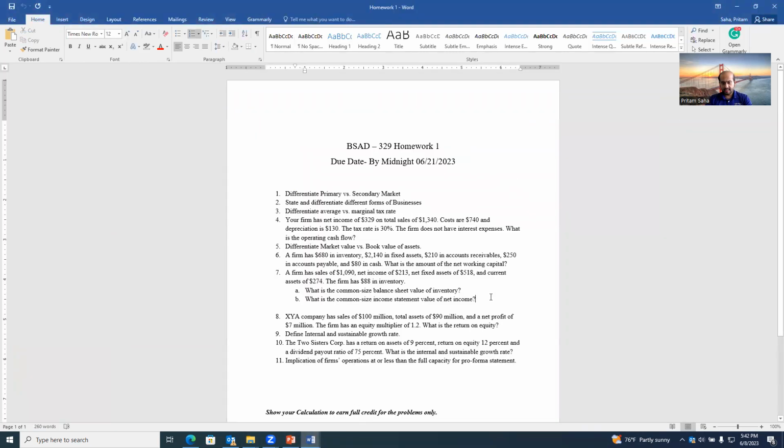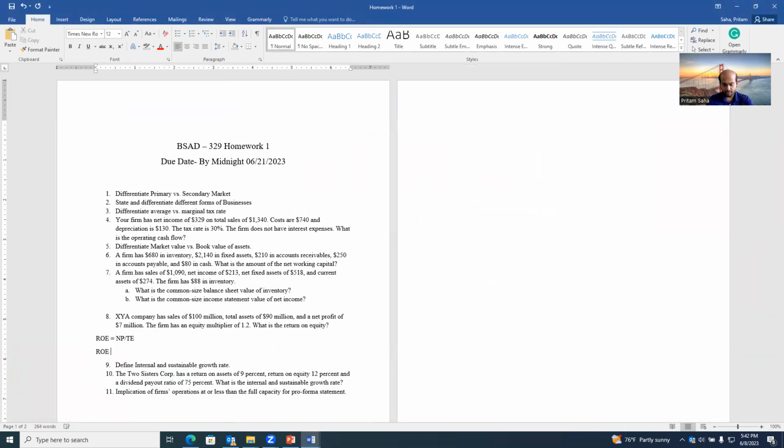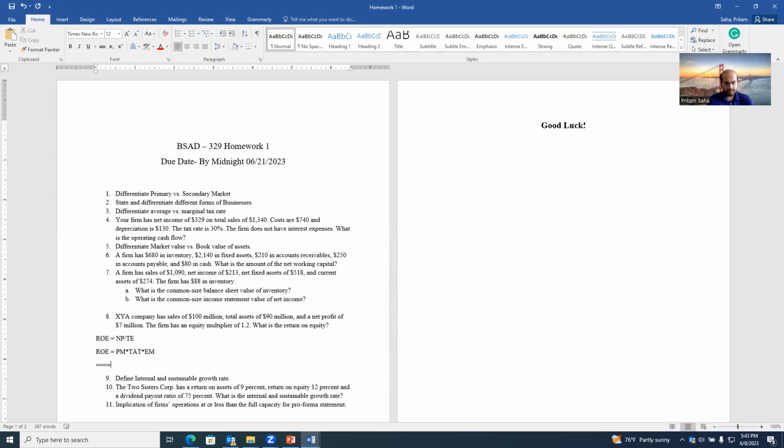So far we did until problem 7. Now let's talk about return on equity. It is net profit divided by total equity, but that information is not given. So from DuPont, return on equity is profit margin times total asset turnover times equity multiplier. Profit margin is 7 million divided by 100 million.